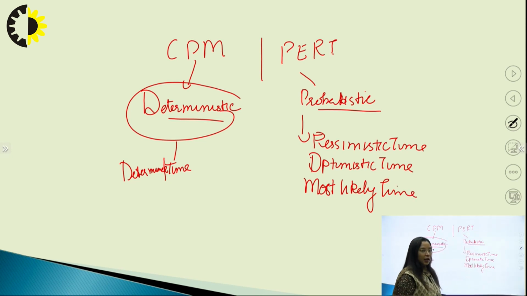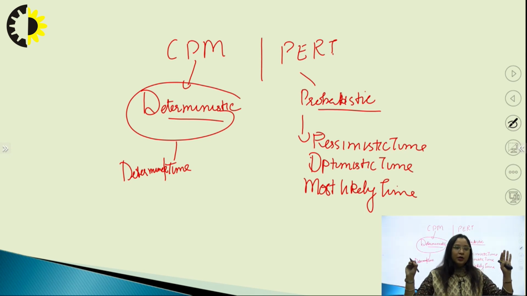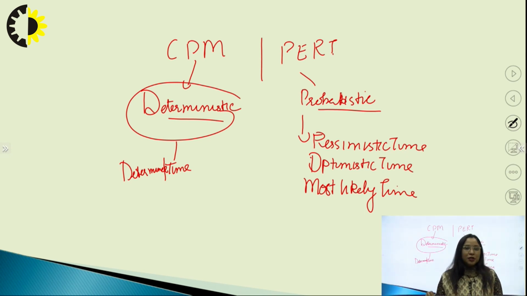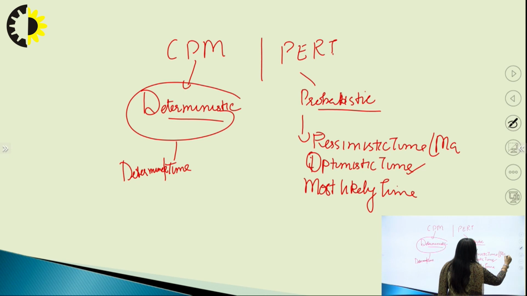Pessimistic time is the time which an activity can take when everything goes wrong. That is the maximum time a project or an activity should take. Optimistic time is the time when everything is good, with no breakdown, nothing short of resources, and no problem in an activity. That is the minimum time. The pessimistic one is the maximum time, and the optimistic one is the minimum time.